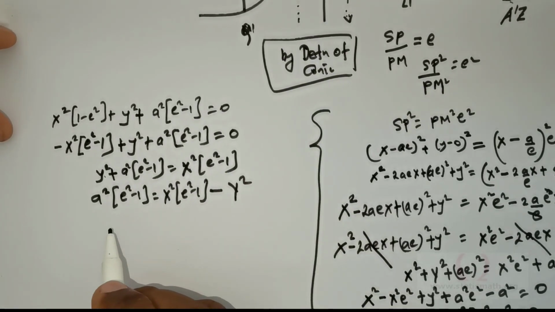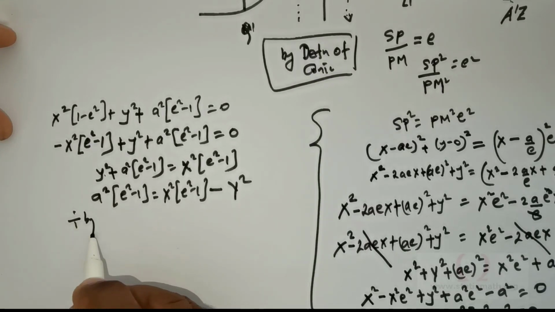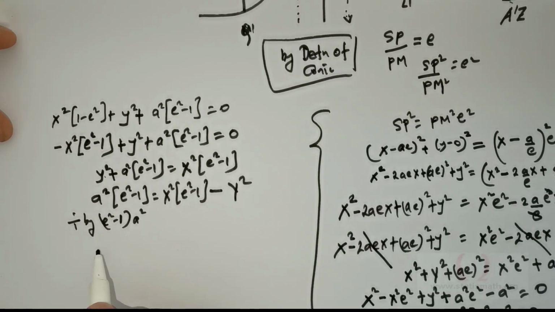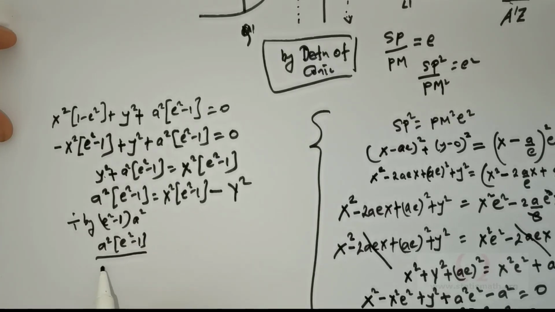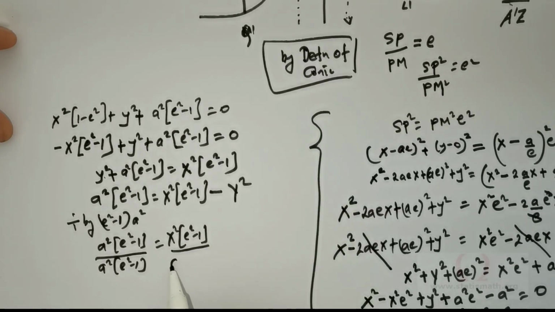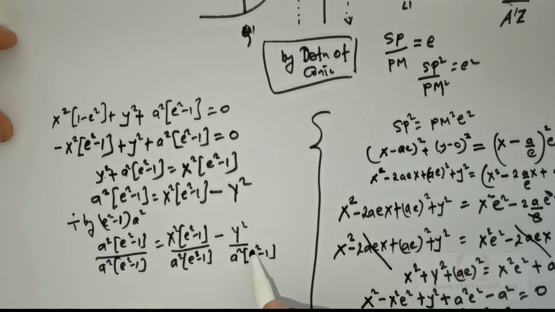Now I'm going to divide by e squared minus 1 times a squared. When I do that, I get a squared of e squared minus 1 divided by a squared of e squared minus 1 is equal to x squared times e squared minus 1 divided by a squared of e squared minus 1, minus y squared divided by a squared of e squared minus 1.